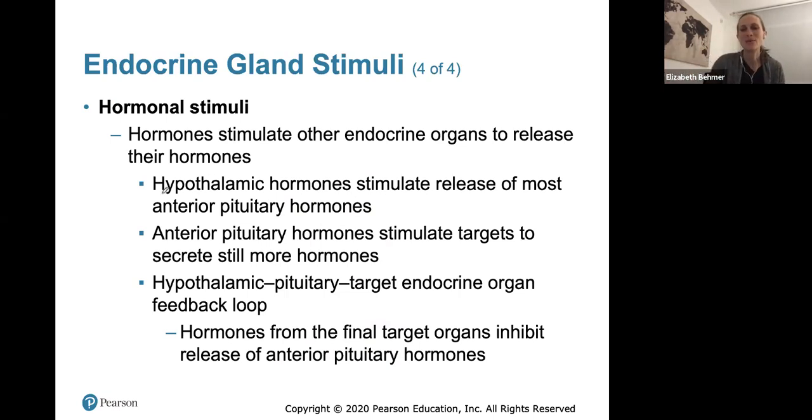So we have some hormones from the hypothalamus that stimulate the release of most of the pituitary hormones. The anterior pituitary hormones then go on to stimulate a target cell to secrete still another hormone.